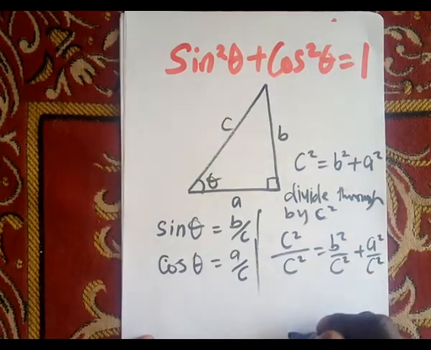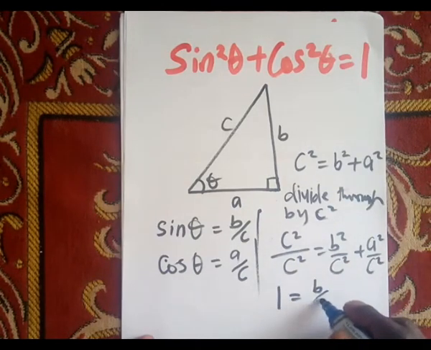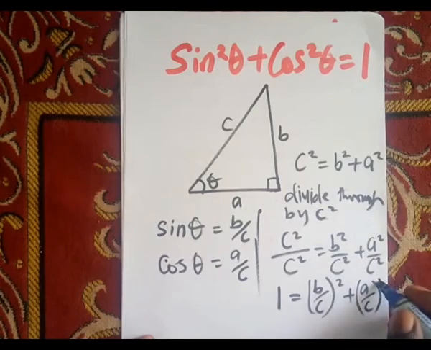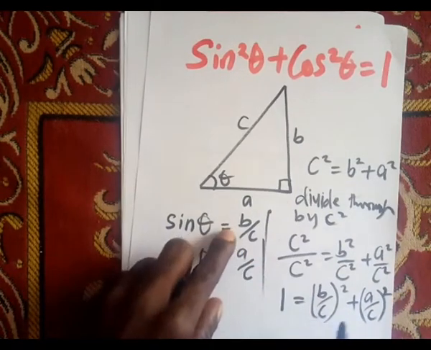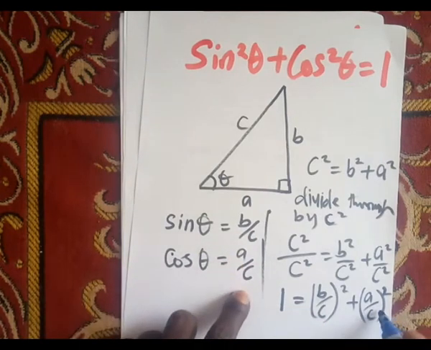And c squared over c squared, when you divide them, we obtain 1. Then b over c squared, you can factor them, plus a over c squared. So b over c is exactly sine theta, and a over c is exactly cos theta.